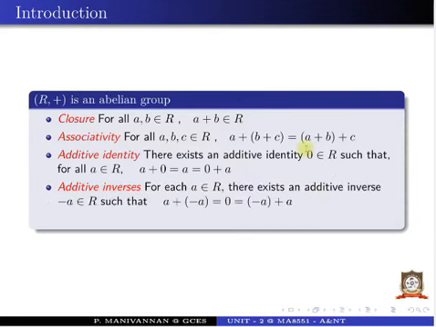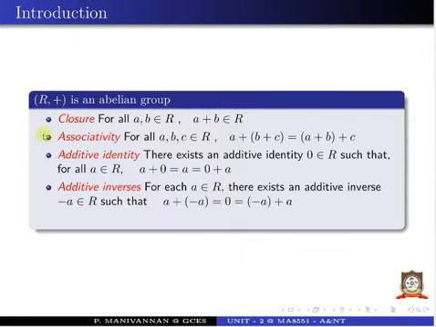Then additive inverse. What is the additive inverse? If some element plus a is equal to 0, then that element is called the additive inverse of a. Here, for each a belongs to R, there exists an additive inverse minus a belongs to R such that a plus minus a equal to minus a plus a equal to 0, where 0 is the additive identity.